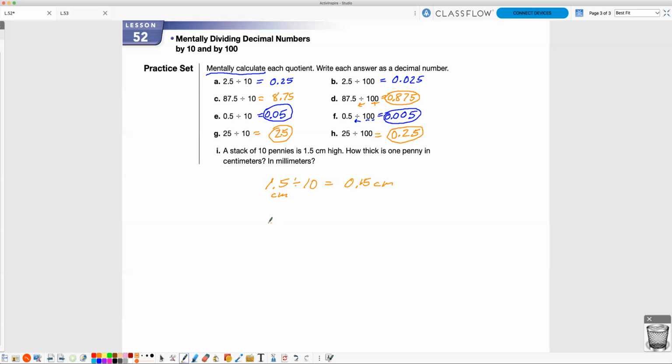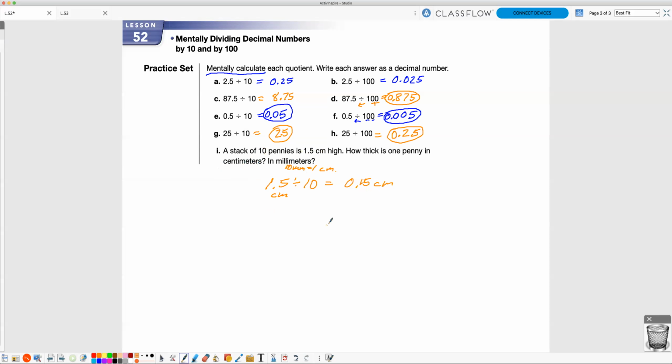For the second answer, if I'm looking for millimeters, I'm actually going to be going kind of the opposite. If I'm looking at centimeters, I know that there are 10 millimeters equals 1 centimeter. So what this means is that I actually have to multiply this by 10.